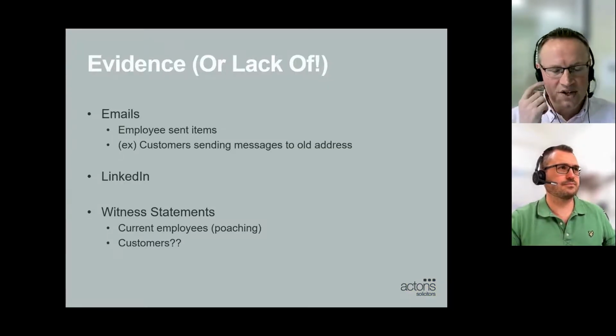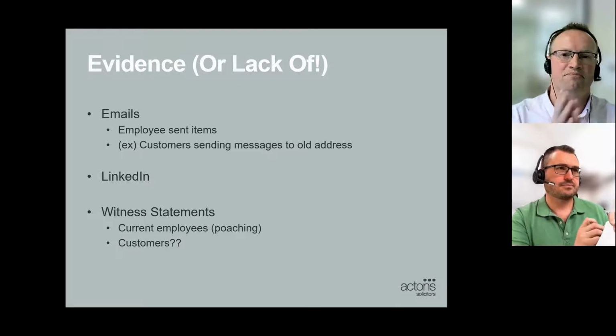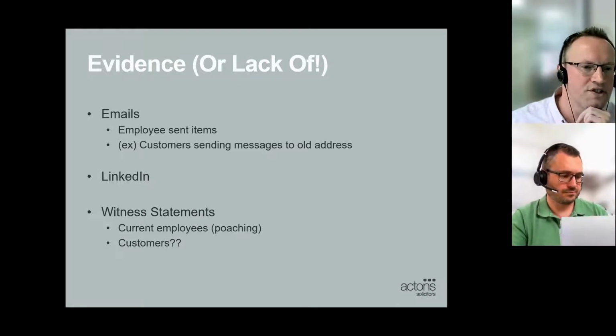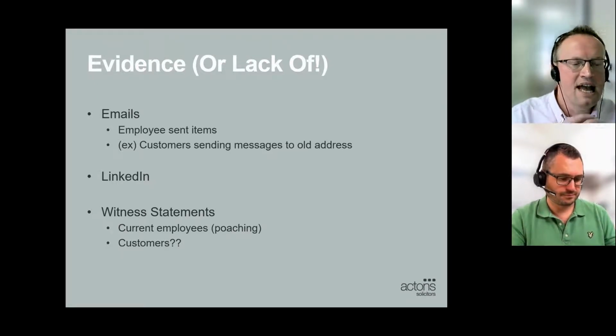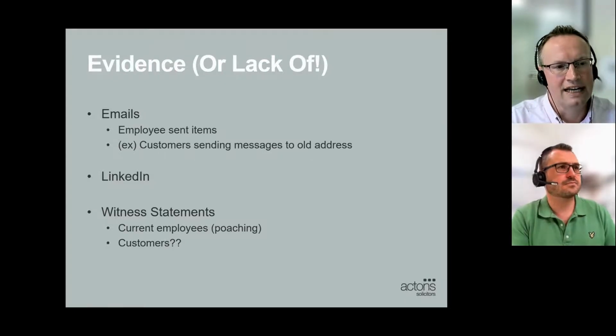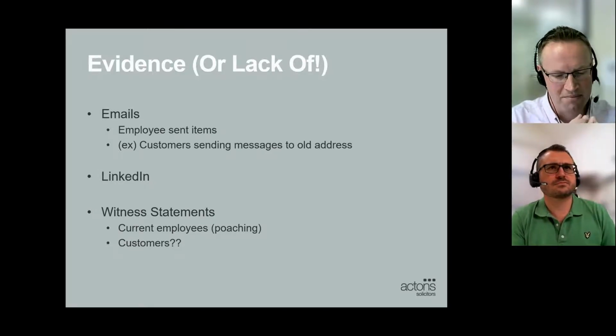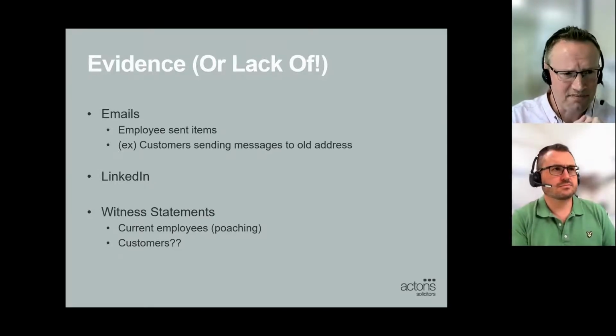So moving on. I mentioned a moment ago that you've discovered the breach and you've got to collate the evidence. The emails, as I said a moment ago, are really key. The employee's sent items for their business address is key, and you'd be surprised at what can come up in relation to that.